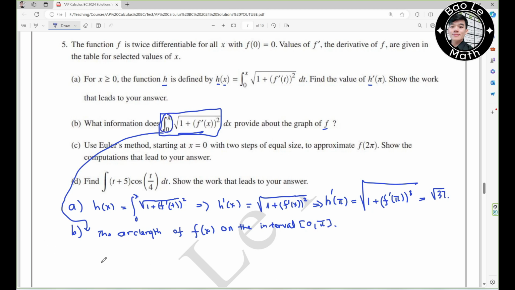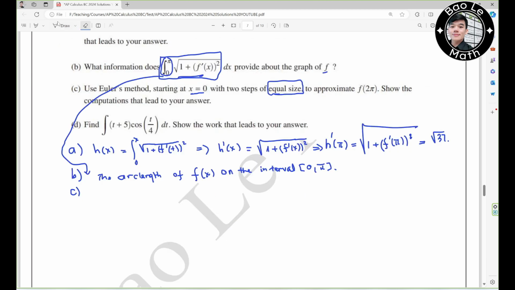Now let's move on to question C. Use Euler's method starting at s equals 0 with 2 steps of equal size to approximate f of 2 pi. So we have the Euler formula.